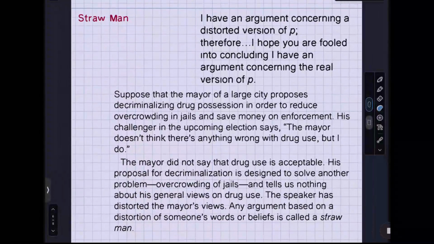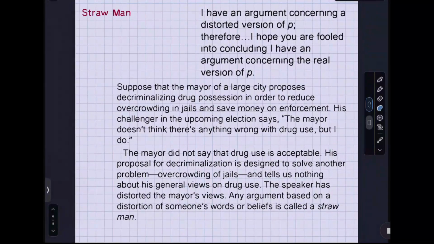Straw man. This is called politics. The scary part is that we don't understand the ins and outs of a lot of politics these days.